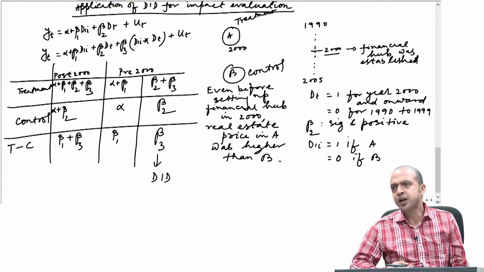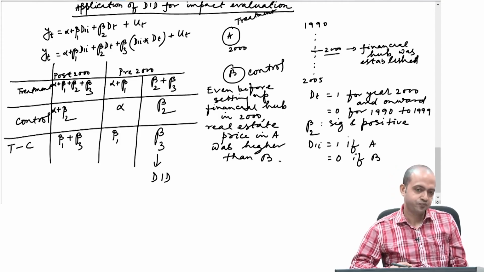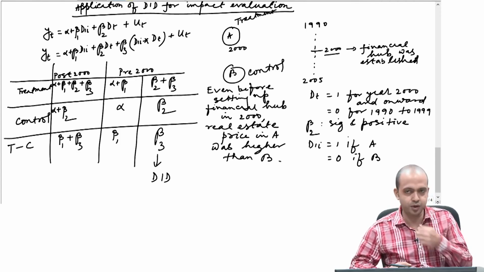All right. Similarly, let us say another example, quite frequently we do this type of study: estimating women empowerment. Okay, the impact of joining a self-help group on women empowerment.